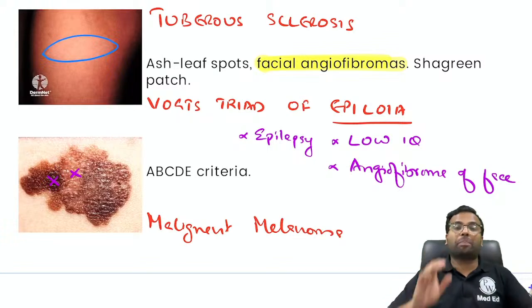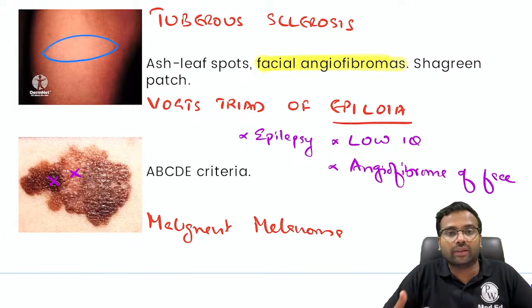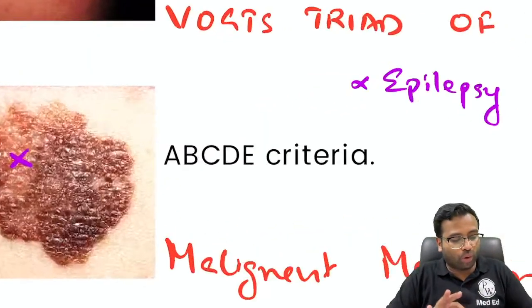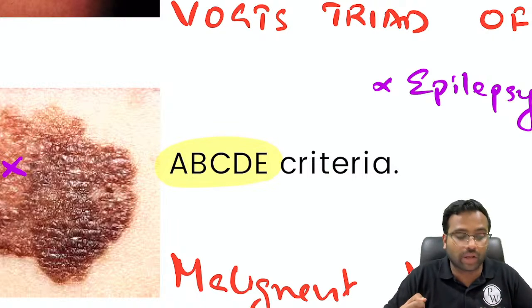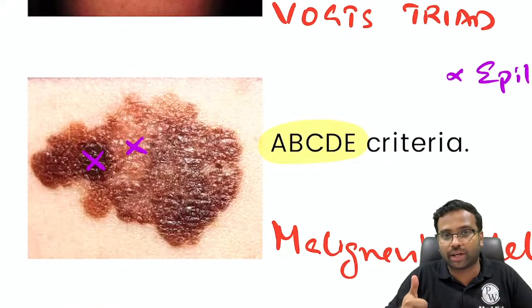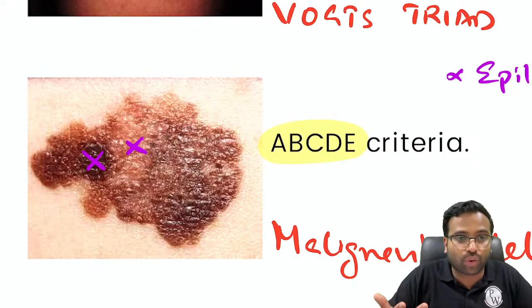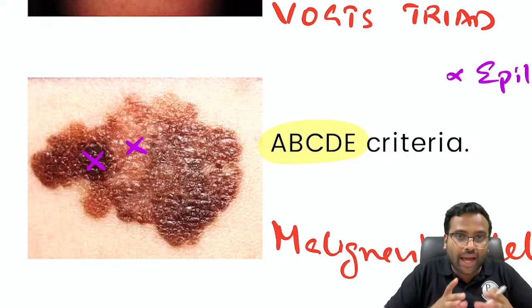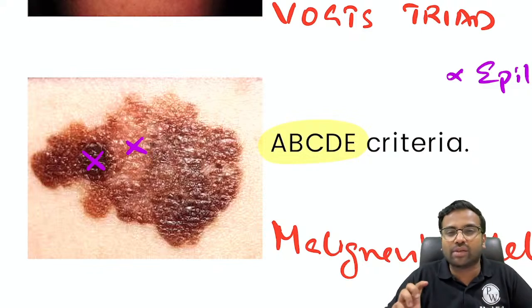So we usually do not panic whenever we get a new mole, isn't it? But when should we be alert whenever we get a new mole? Is always when you see that there is something irregular about it. Every time you get a new mole in our body, we have to evaluate it with the ABCDE algorithm, where A stands for asymmetry, B for border irregularity, C for color variation, like what you can see in this image, D where the diameter is increasing, more than 6 mm, and E means it is evolving as well.